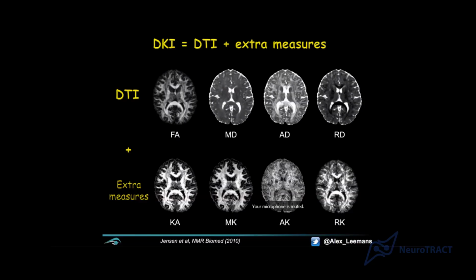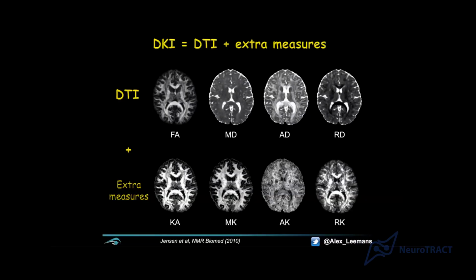And this will then result in a model which has the diffusion tensor imaging parameters as before, but with this new model, you also have kurtosis metrics. And in analogy with fractional anisotropy and mean, axial and radial diffusivity, you now also have something called kurtosis anisotropy, but also the mean, axial and radial kurtosis.